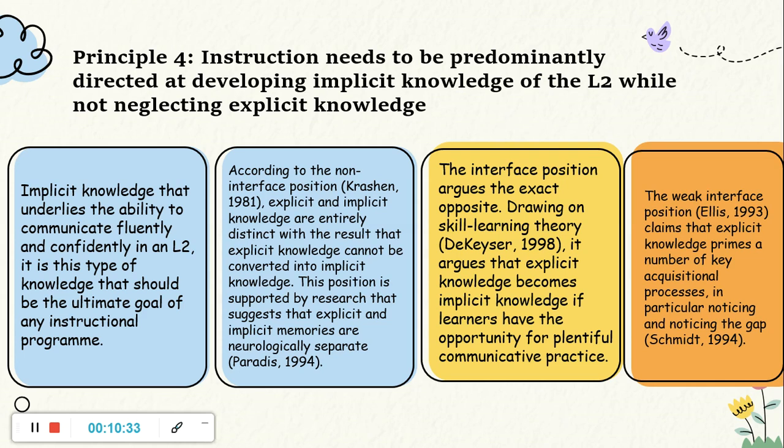The interface position argues the exact opposite, drawing on skill learning theory by DeKeyser, 1998. It argues that explicit knowledge becomes implicit knowledge if learners have the opportunity for plentiful communicative practice.